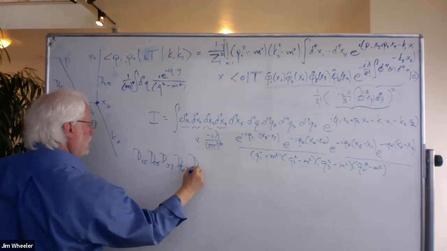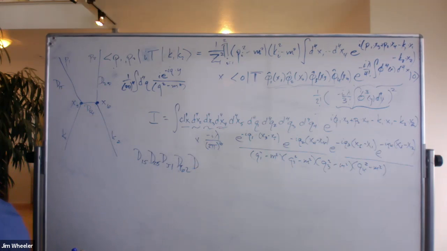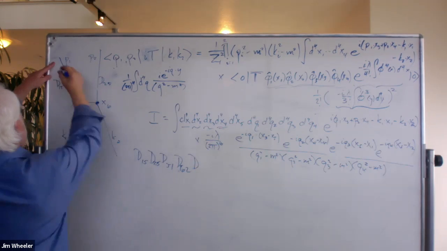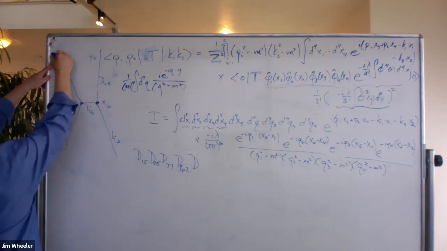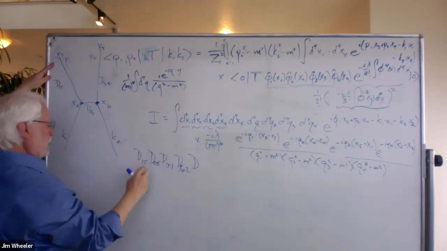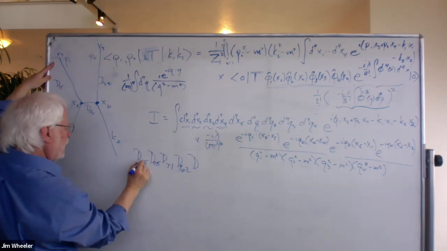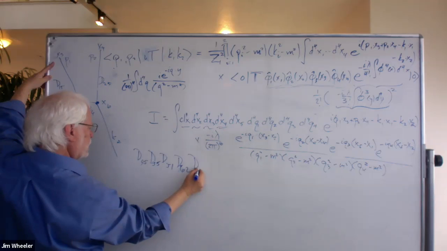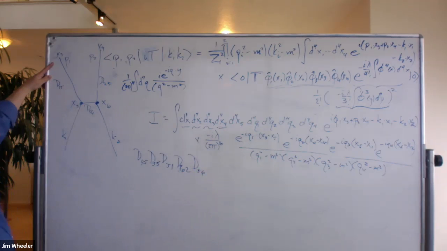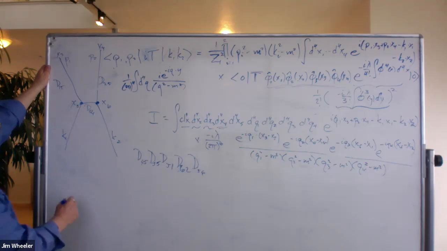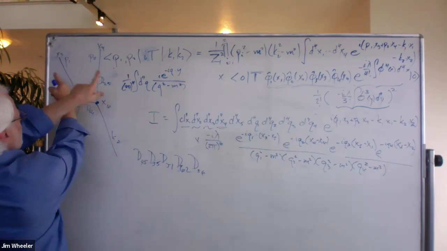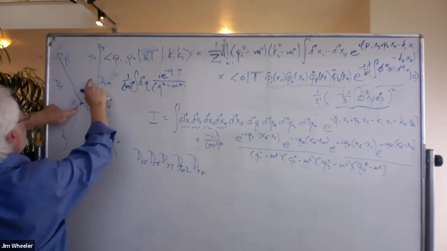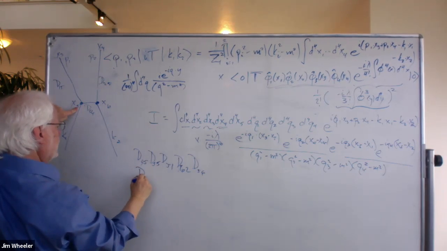So this notation, what did I do? Let's call this x3 and x4 like we did before. So this is going to be a 4-5. This is going to be a 3-5. And this is going to be a 5-6. So that's one possible Feynman diagram we could draw, or we could interchange those so that we have a D.